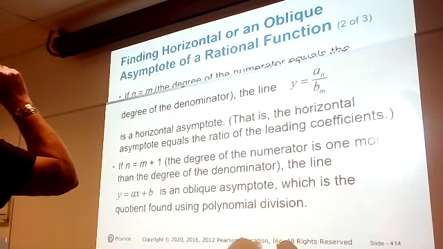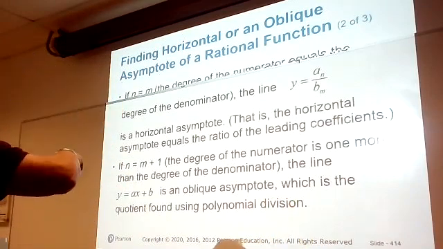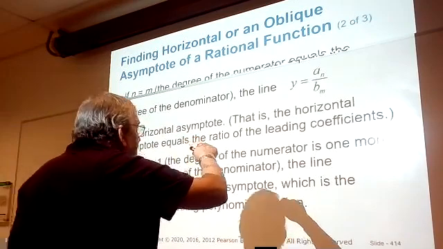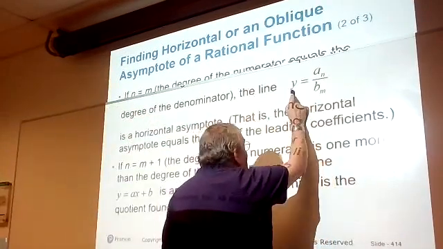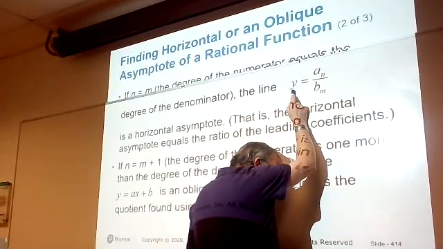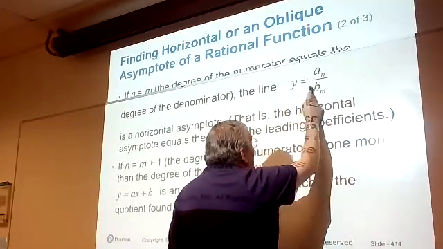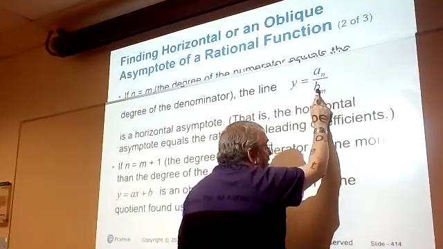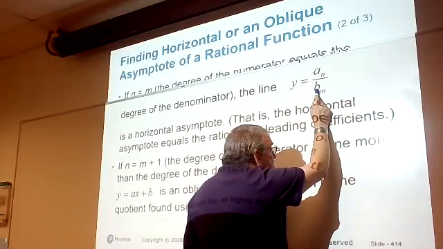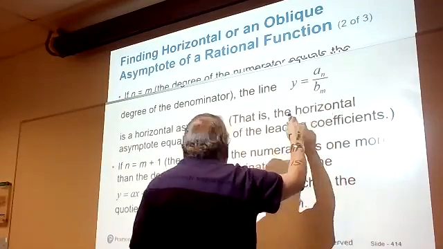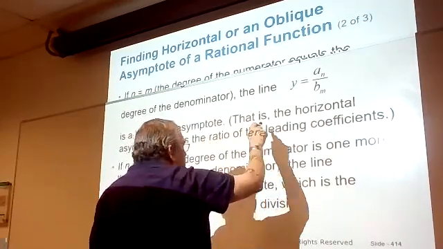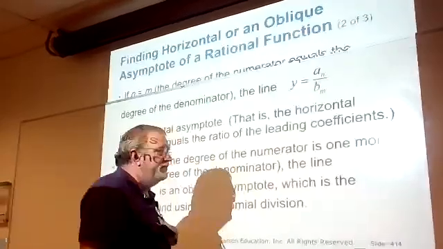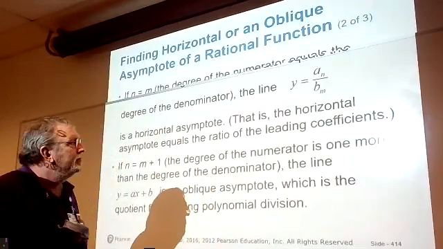Well, if the degree of the numerator and the degree of the denominator are the same, then the horizontal asymptote is y equals a fraction of the leading coefficients. The horizontal asymptote equals the ratio of the leading coefficients.